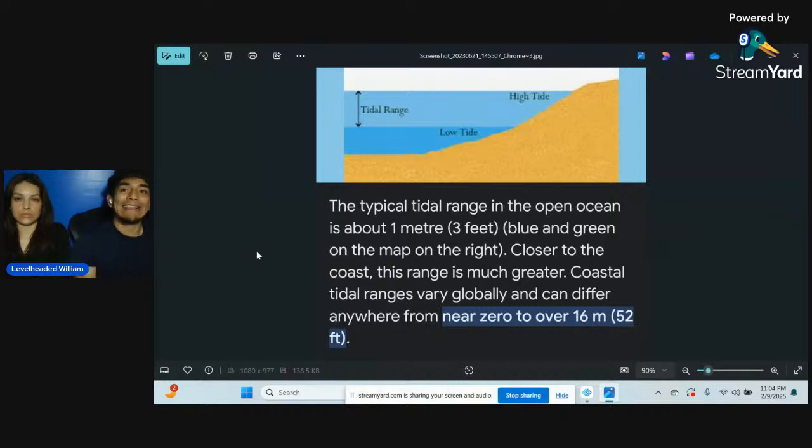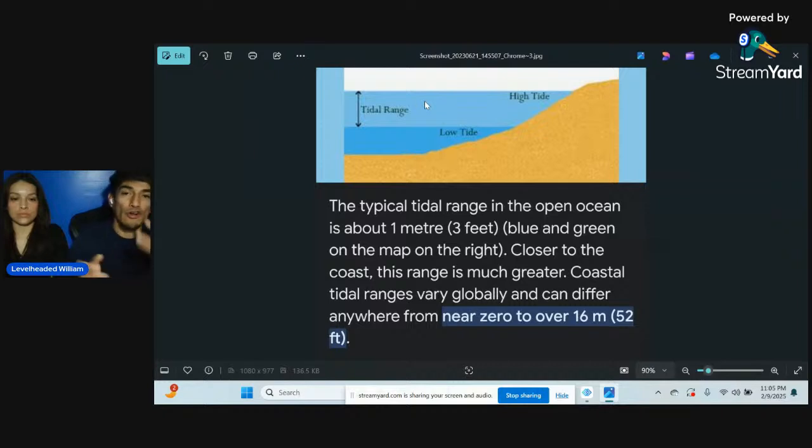So the tidal range, the difference in height between the low tide and the high tide, is not a constant. It goes from 0 all the way up to 52 feet. So it's like a gradient. So for people that claim that the high tide and the low tide happen because water is being sucked out or drained out and then refilled again, that wouldn't work if it's a gradient.